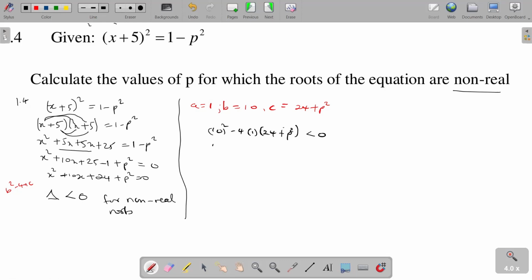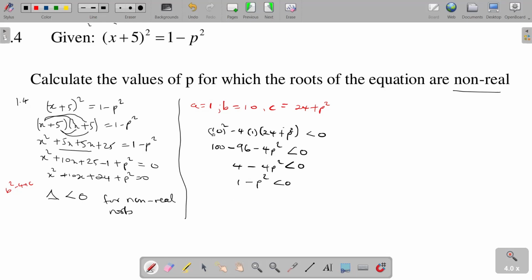So it's going to be 100 minus 96 minus 4p squared, which is less than 0. 100 minus 96 is 4, minus 4p squared less than 0. Divide throughout by 4. It's going to be 1 minus p squared less than 0.